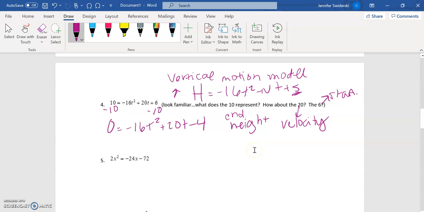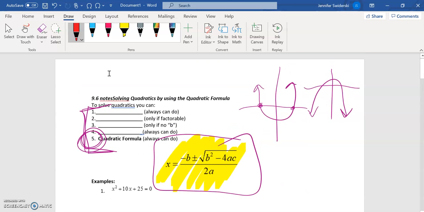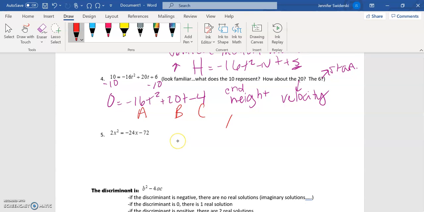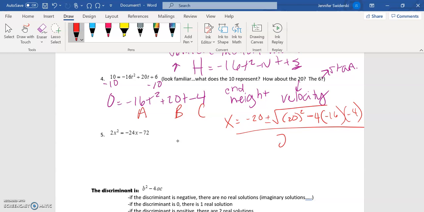Now I have my a value, my b value, and my c value, so I can go back up to that quadratic formula and solve for x. x is going to equal the opposite of b, negative 20, plus or minus the square root of b squared, so in parentheses 20 squared, minus 4 times a, which was negative 16, times c, which is negative 4, over 2a, so 2 times negative 16.